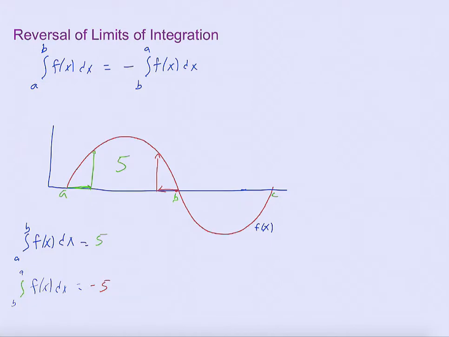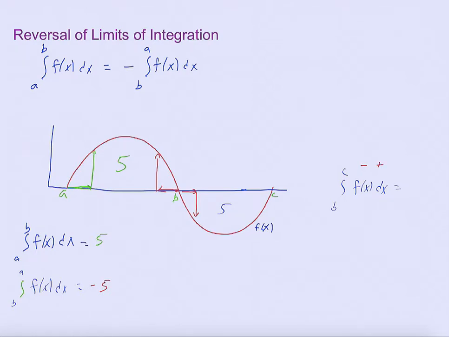Also worth pointing out while we're here, in this case the definite integral from b to c of f of x dx, let's say that this is a symmetric graph, so the area here is also 5. But since the definite integral is multiplying a y value times an x distance, the y value is negative, the x distance is positive.